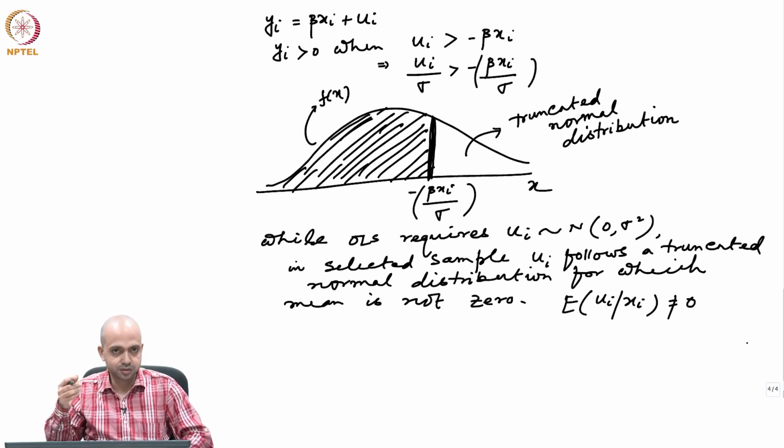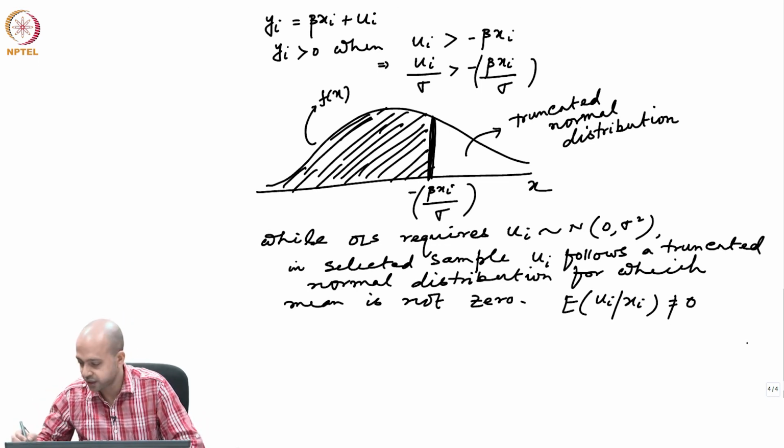And secondly, ui does not follow a normal distribution, which is required for OLS to be applicable. Rather, ui follows a truncated normal distribution. That is what we said.